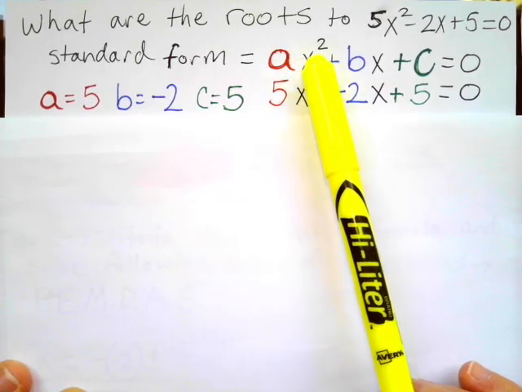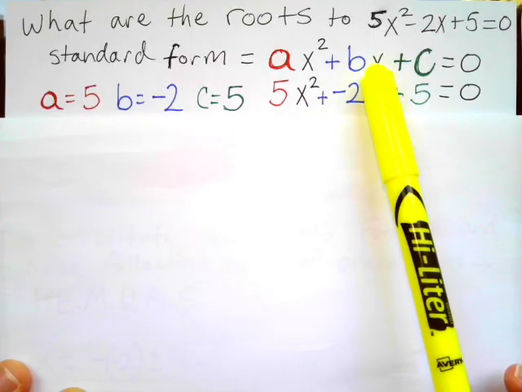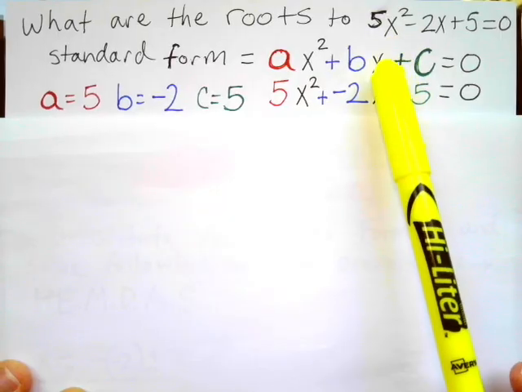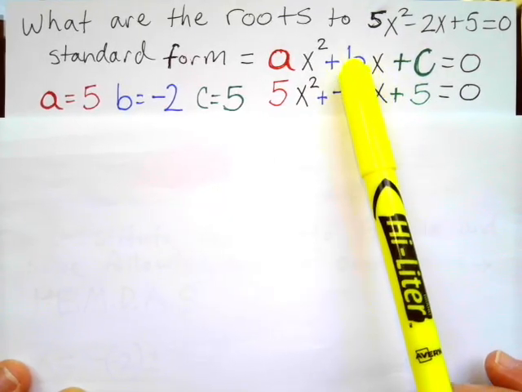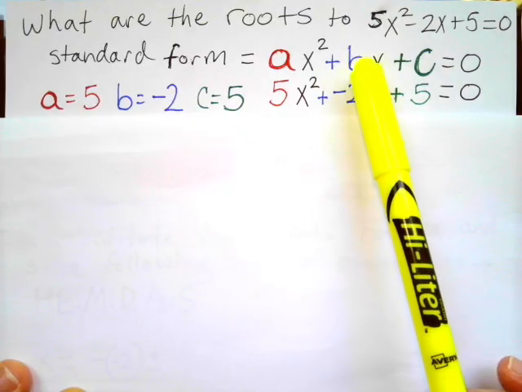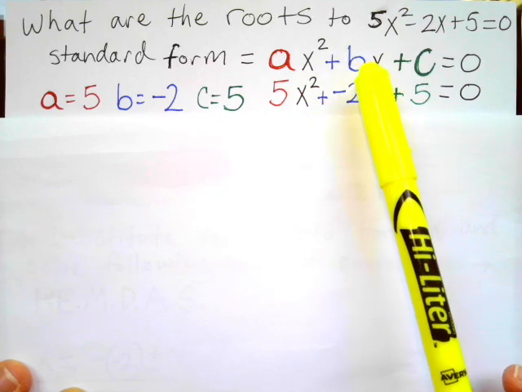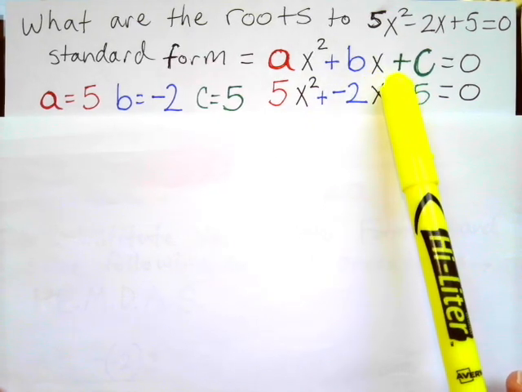Your b value is right in front of that x variable to the first power. There's an invisible 1 in the exponent's place for this x. So your b value is going to be the number in front of that x to the first power, even if it's an invisible 1. If you don't know what I'm talking about, please watch my videos on invisible 1s.